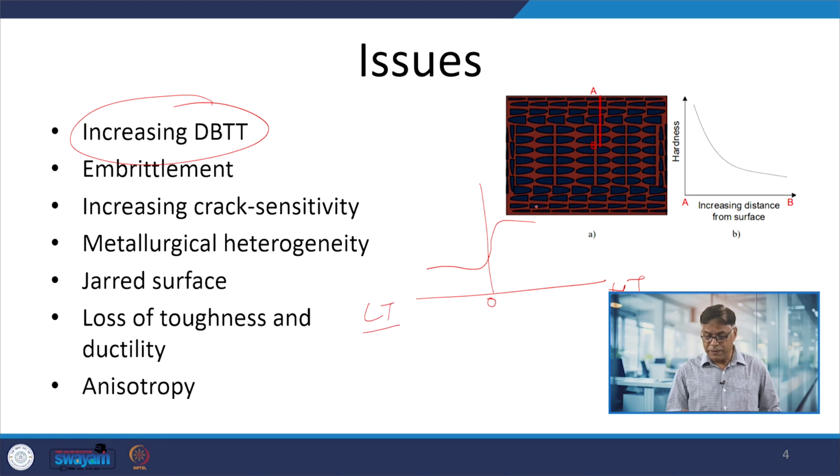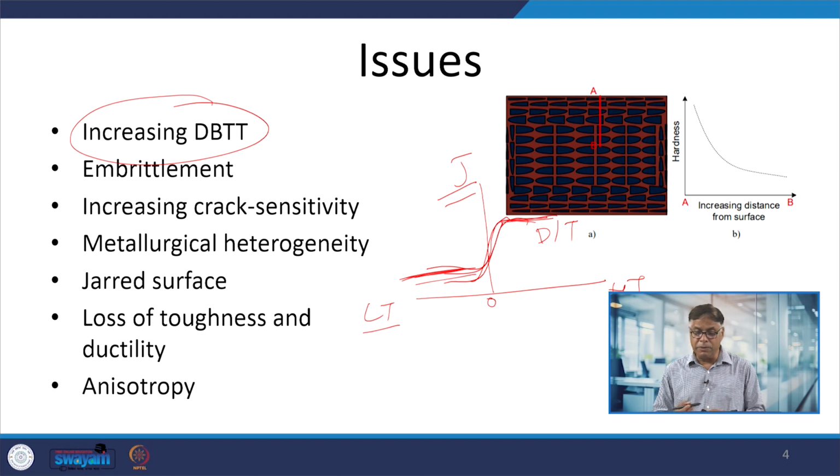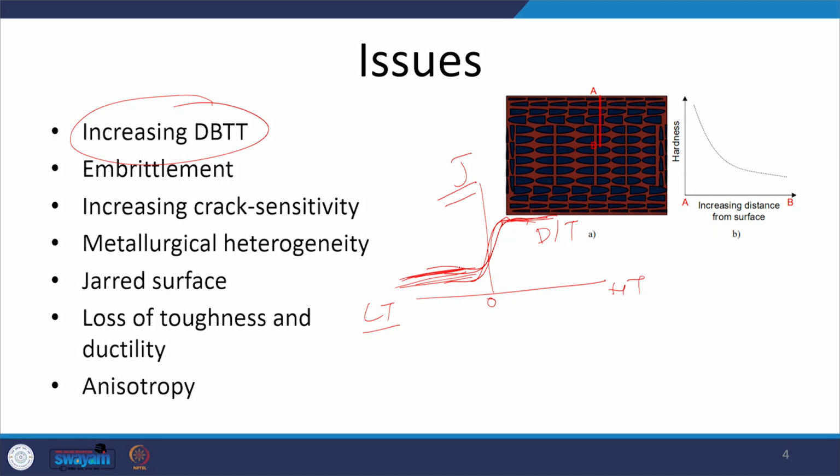At high temperature, metals show very good toughness and ductility, but as the temperature comes down below a certain level, the toughness and ductility are compromised very badly. This change in behavior of the material is quantified in terms of the toughness loss. The material absorbs a lot of energy during the impact test at a high temperature, but it loses the energy requirement significantly when the same material is tested at low temperature.